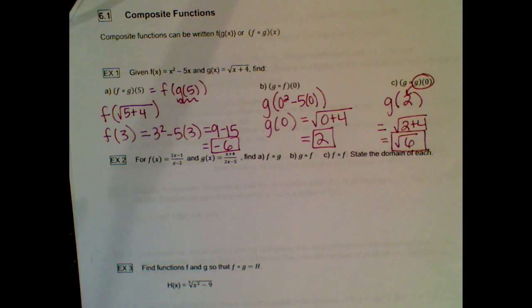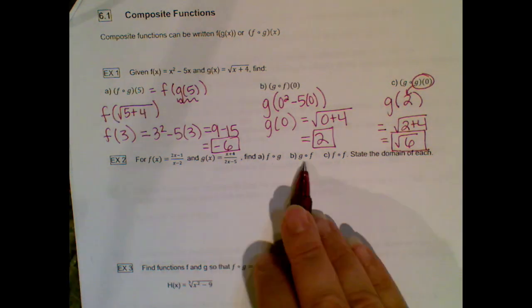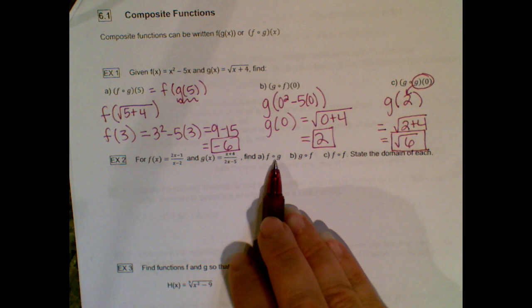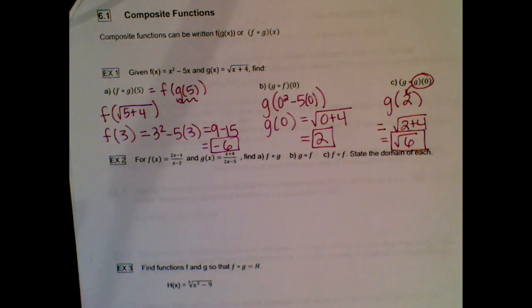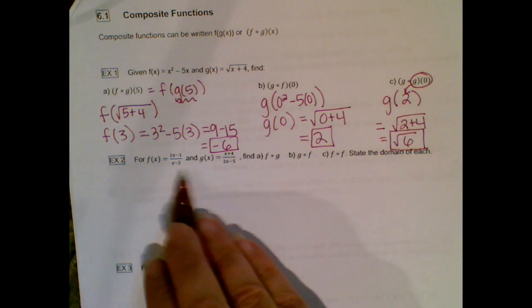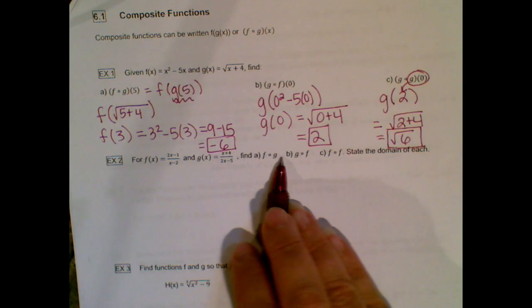Where you're finding a function composition using actual numbers. Type 2 is when we're finding function compositions, so same idea, f of g, g of f, f of f, but we're doing so with no input given. When no input is given, the input is understood to be x.